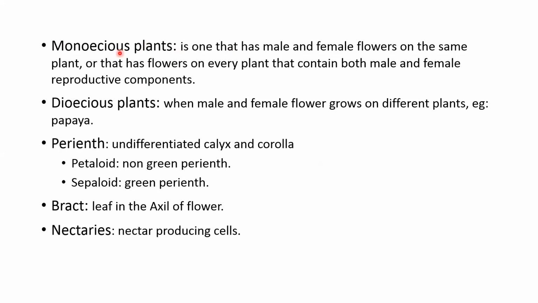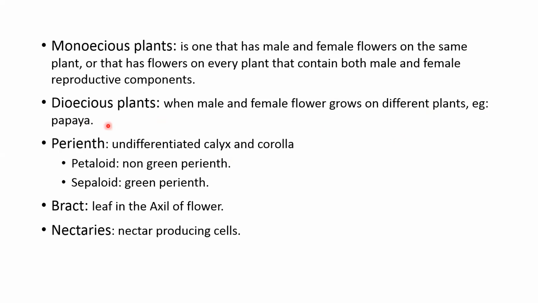Even if the flowers are unisexual, but both kinds of flowers grow on the same plant, it is a monoecious plant. Examples are maize and Vallisneria. Dioecious plants are those where male and female flowers grow on different plants. The male plant is different, the female plant is different. An example is papaya. You must have seen some papaya plants never grow fruit. Why? Because they are male plants, and fruit can grow only on the female plant.